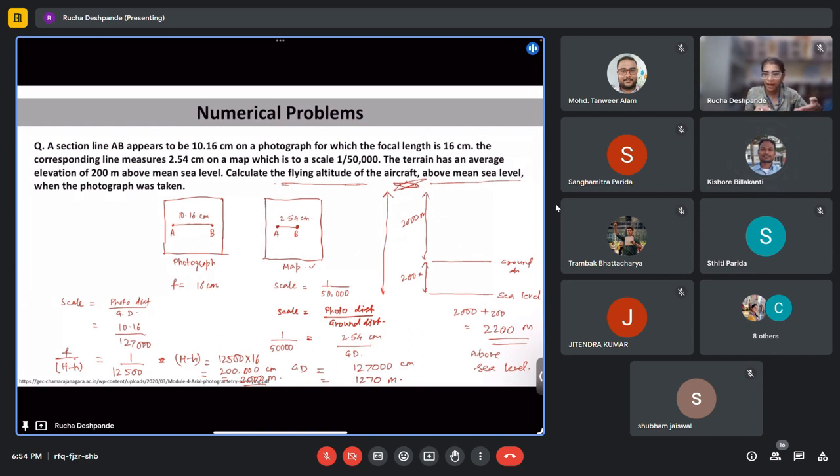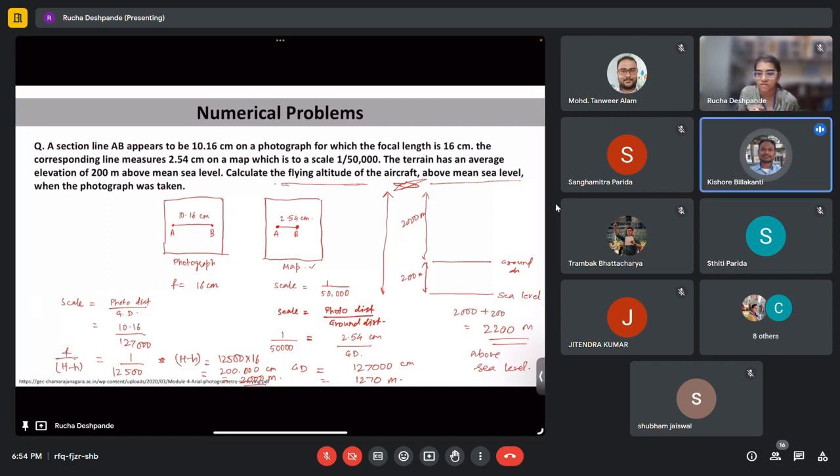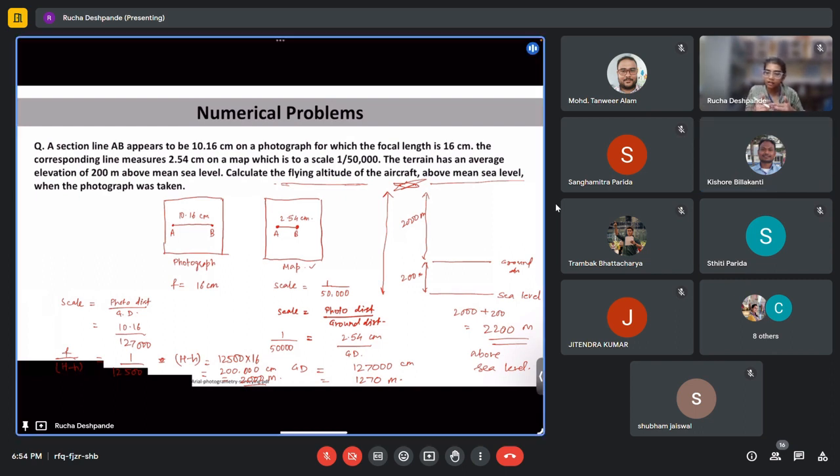The maps have become outdated now because of the satellite images. But in some areas, if the maps are available, then maps and photographs can be used together to obtain such information. So this 2.54 centimeters corresponds to the scale of 1 is to 50,000. So here we don't have the data of actual ground distance between A and B, but if we have the map, we can find the actual ground distance.